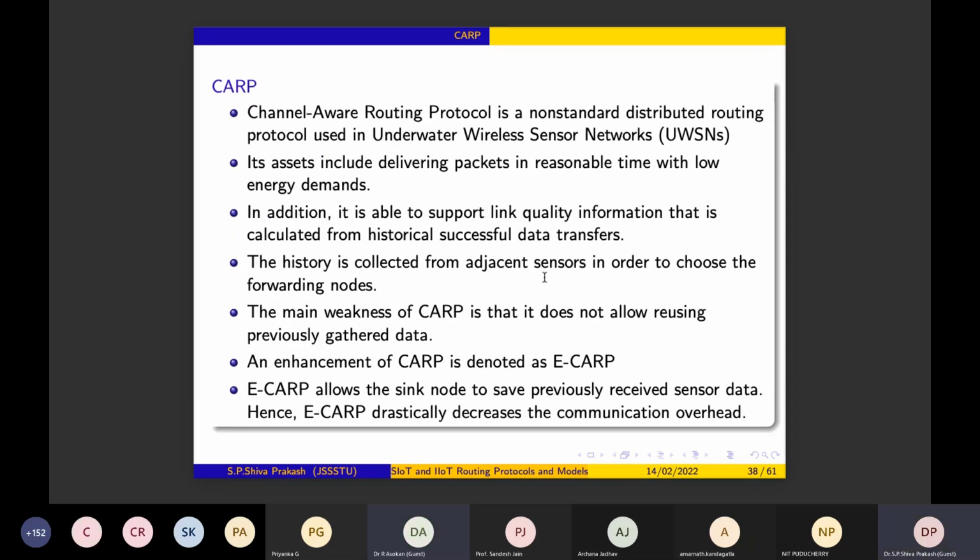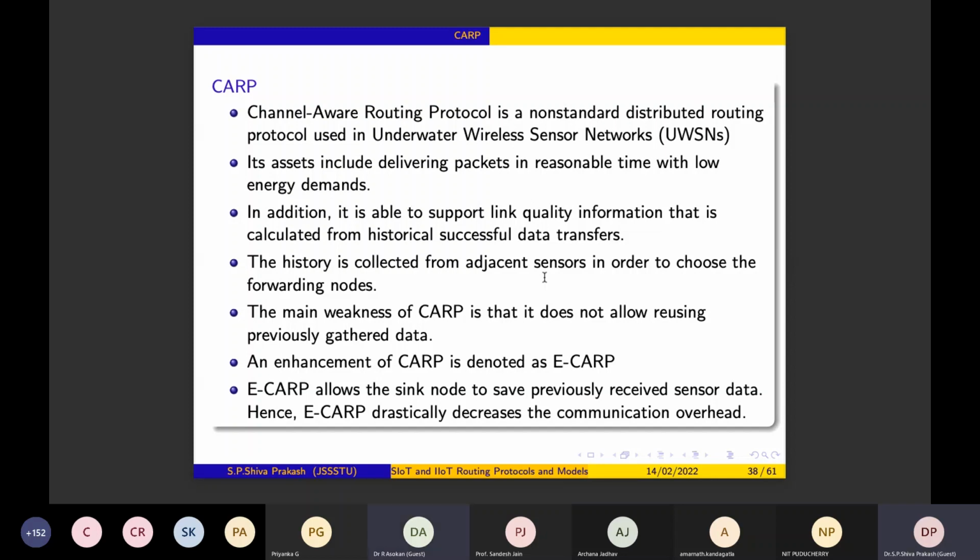CARP is a channel-aware routing protocol, which is basically used in underwater sensor networks. Its asset includes delivering packets in reasonable time with low energy demands. In addition, it is able to support link quality information that is calculated from historical successful data transfers.